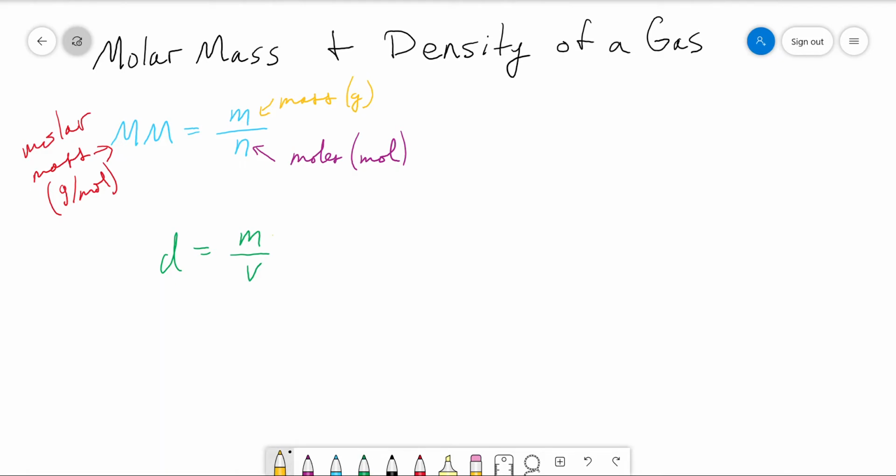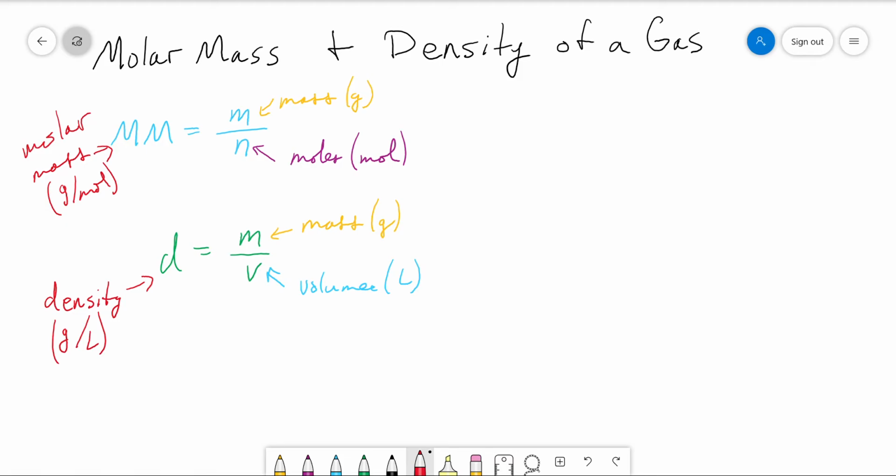When we talk about gases, mass is still in grams, but gases take up a large volume, so we give their volume in liters, okay? And that gives us a density in grams per liter.